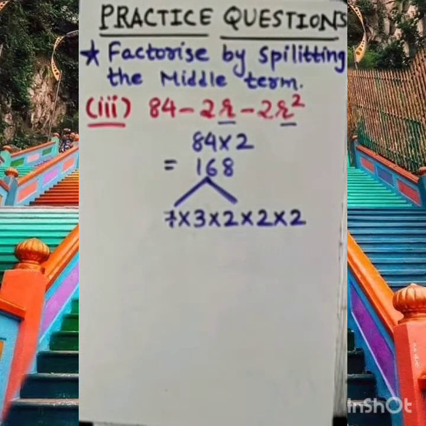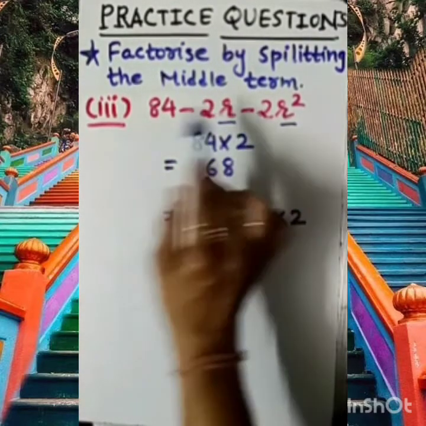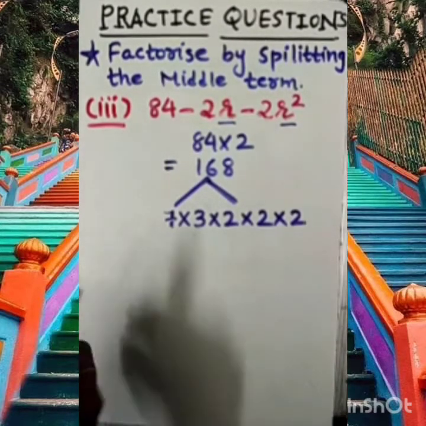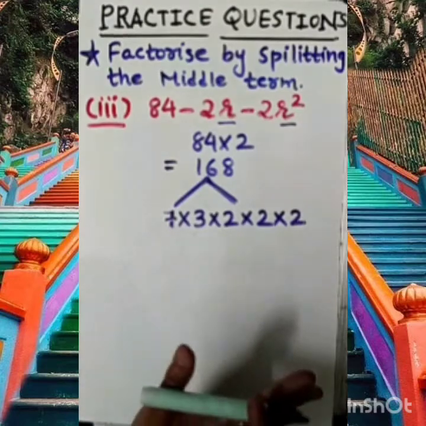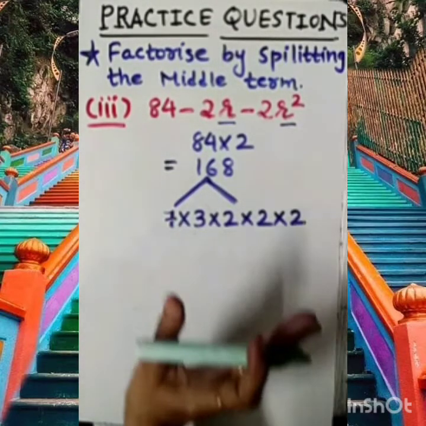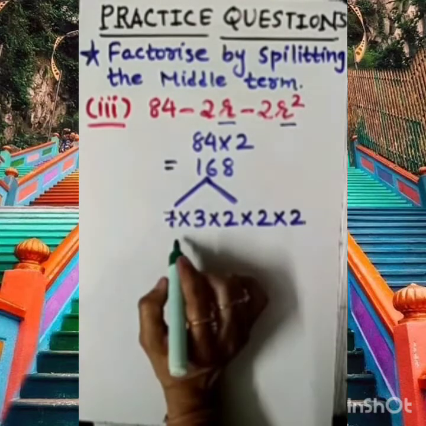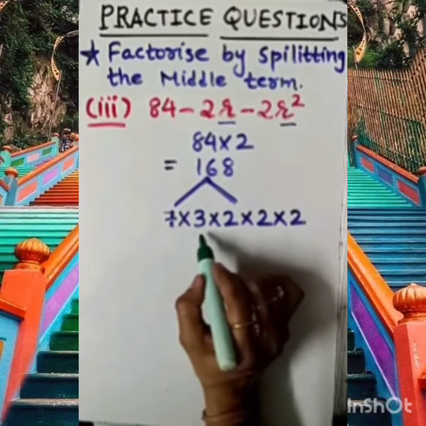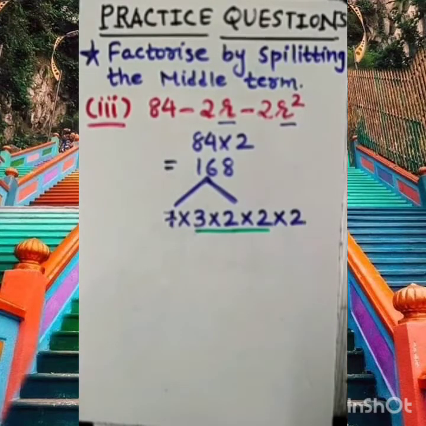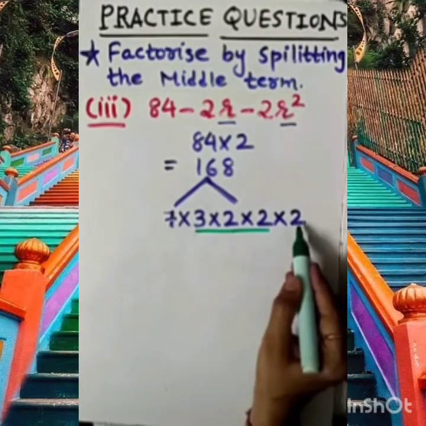Now make such an arrangement so that their difference should be 2. So how to work out upon that? I am giving you a technique or a hint for trial. See, dear student, if we work out with this: 3 2s are 6, 6 2s are 12, 7 2s are 14.